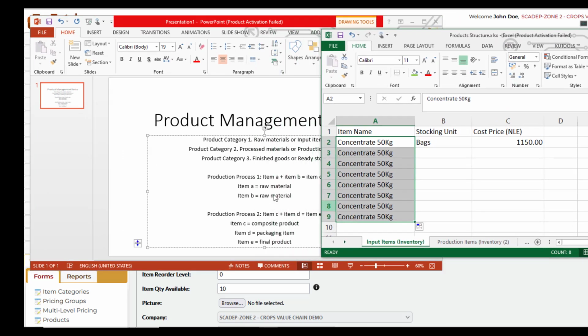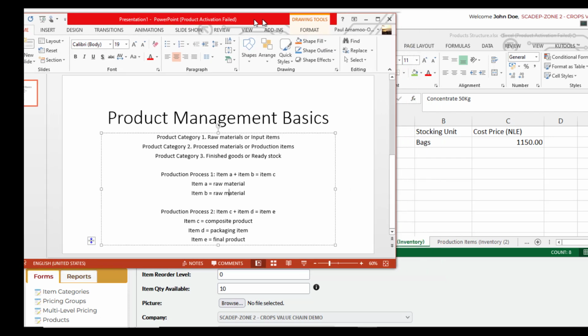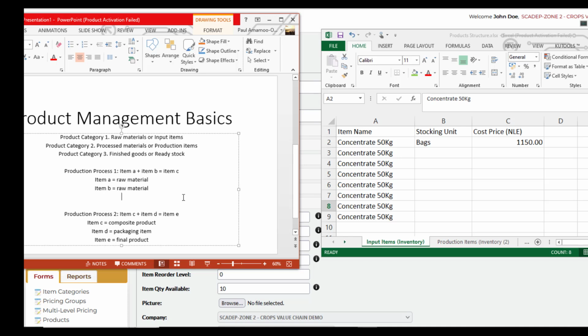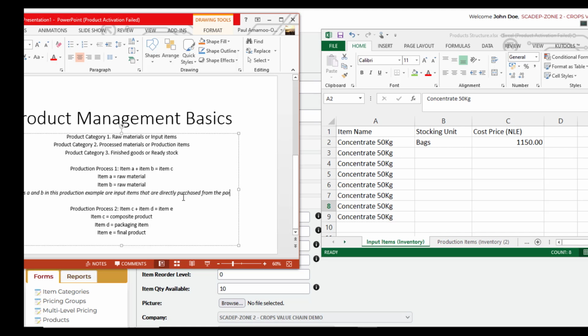item A, item B. Okay, so I can say here that items A and B in this production example are input items that are directly purchased from the market.